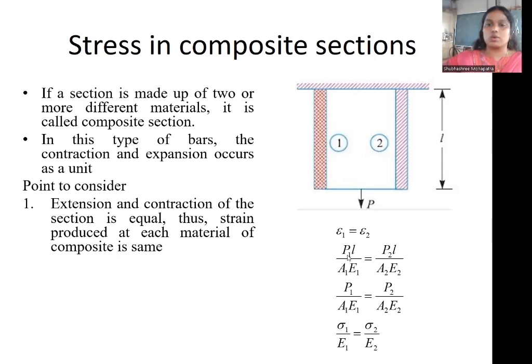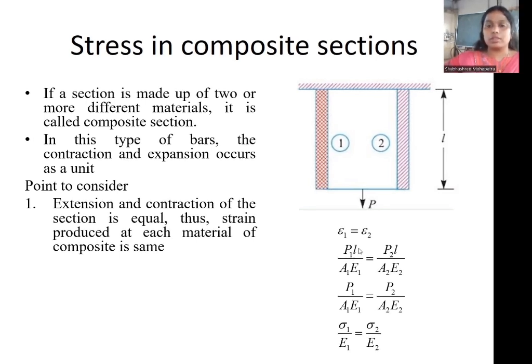So for section 1 it will be P1, length being the same we keep it as L, then A1 E1 will be equal to P2 L divided by A2 E2. By cancelling the L, we get P1 divided by A1 E1 is equal to P2 divided by A2 E2. P by A here is nothing but sigma, that is stress. So stress of material 1 divided by Young's modulus is equal to stress of material 2 divided by its Young's modulus.